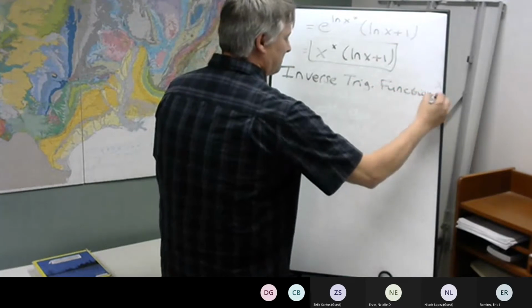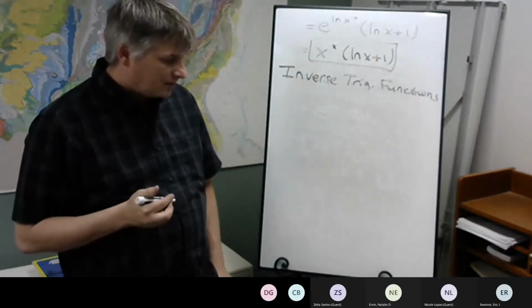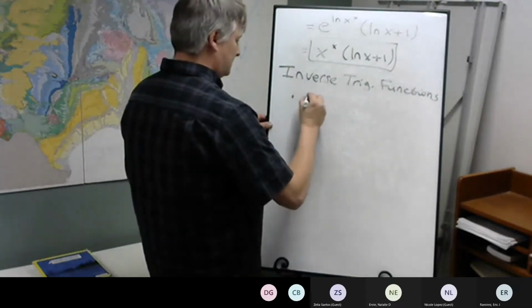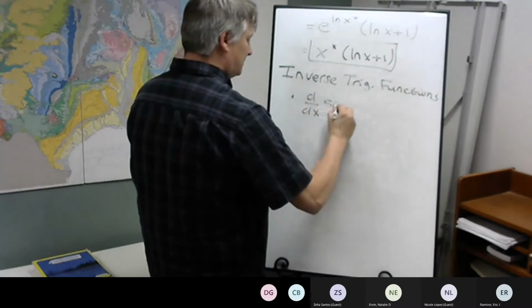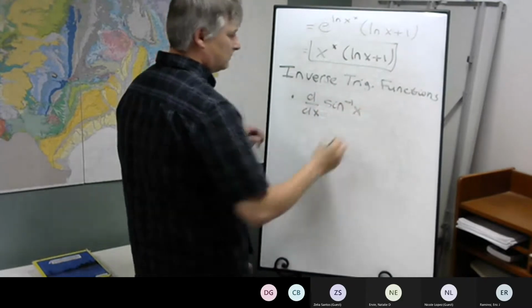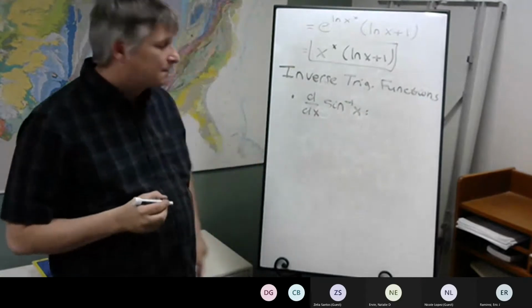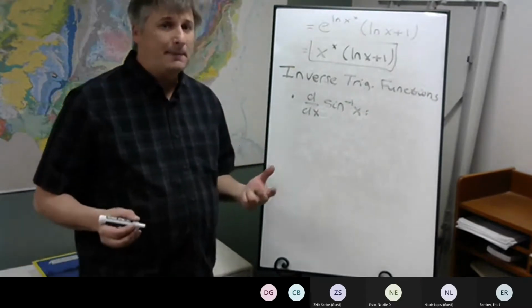So first off, inverse trig functions. And these are for the derivatives. So let's say we want to do this. The derivative of the sine inverse of x. How do we find this? Well, we're going to use that formula we derived earlier today.